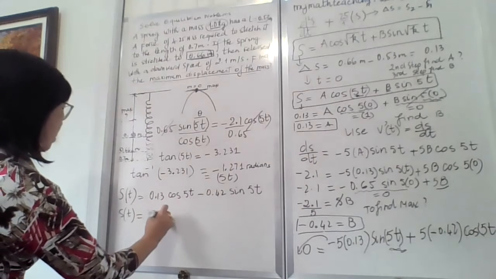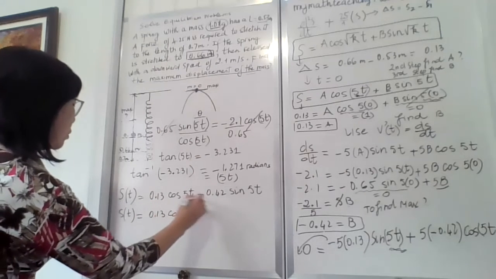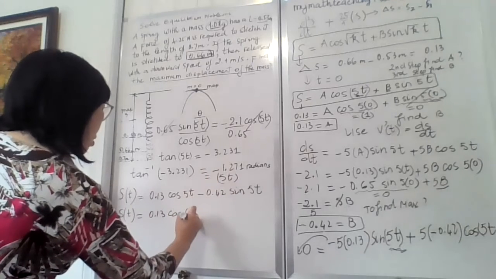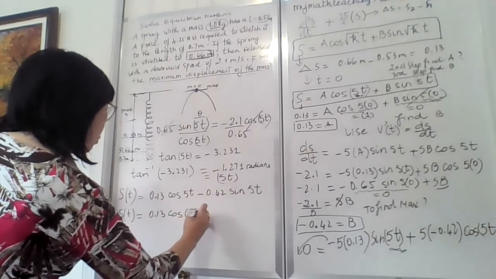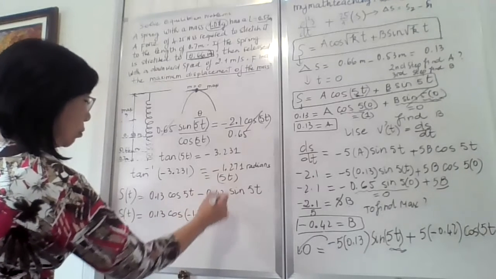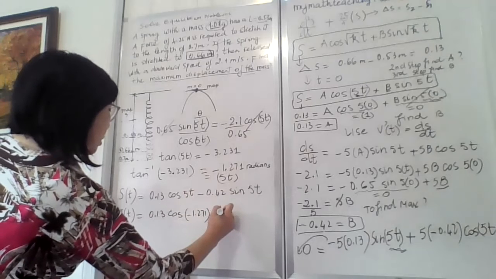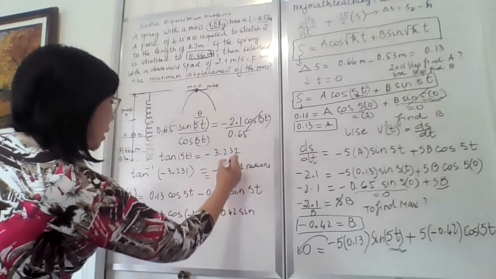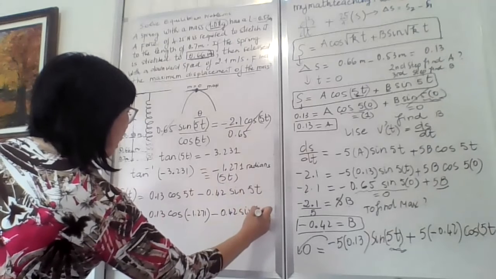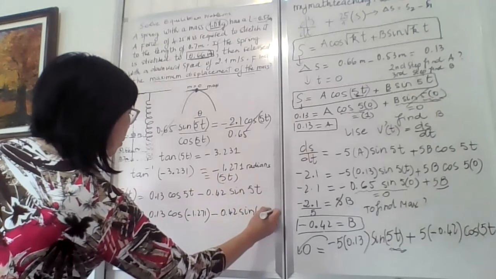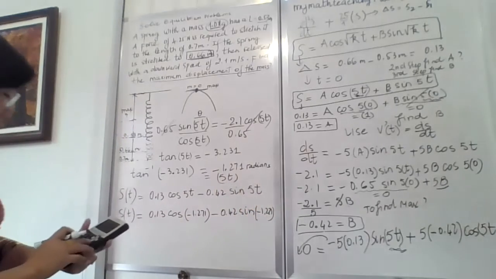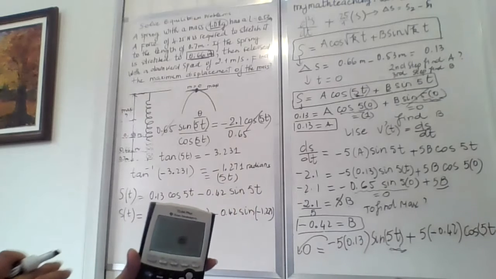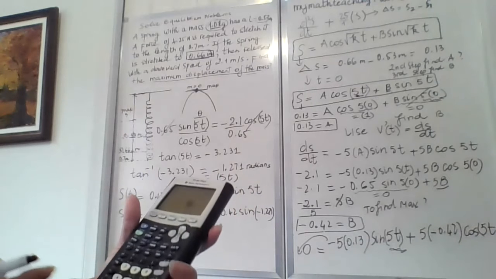So let's find out what our displacement is. Our displacement will be cos of phi t, which is cos of minus 1.271. We know the angle, right? Minus 0.42, and sine of this angle, which is minus 1.271. So now let's key it in on the calculator.